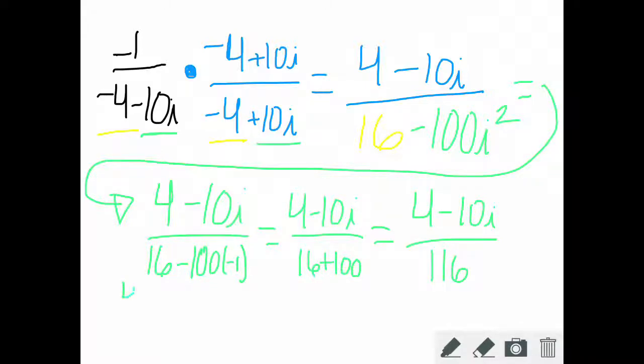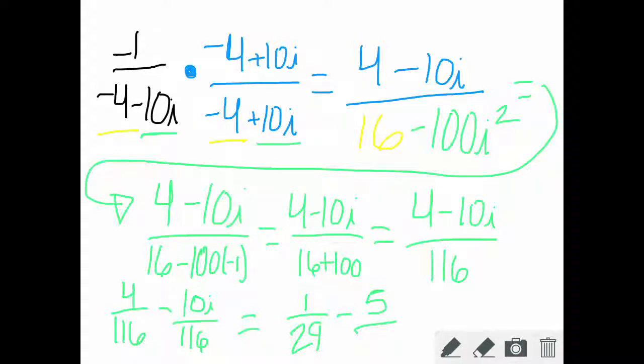Now I'm going to separate it, so it'll be 4 over 116 minus 10 over 116i, but you always want to reduce. So in this case, it'll be 1 over 29 minus 5 over 58i. So the 1 over 29 minus 5 over 58i is your answer.